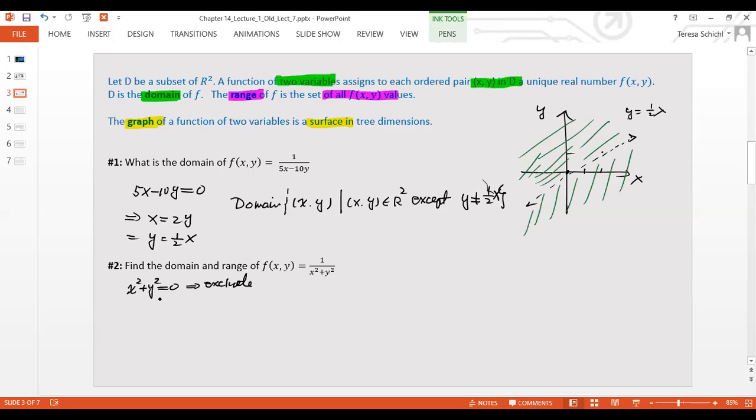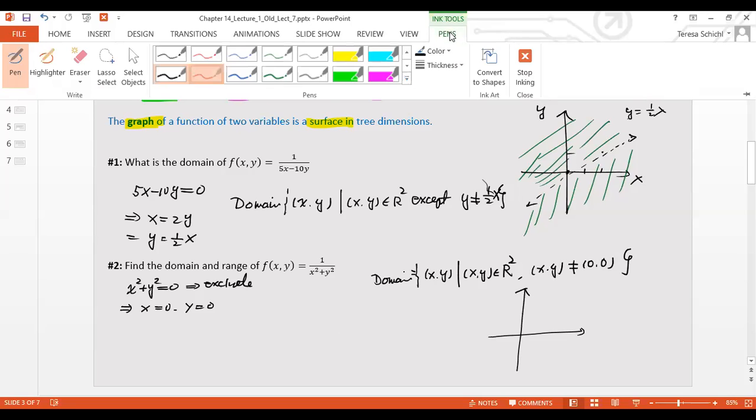When x squared plus y squared equals 0, x has to be 0 and y has to be 0. So the domain will be all the (x, y) in R2 except (0, 0).